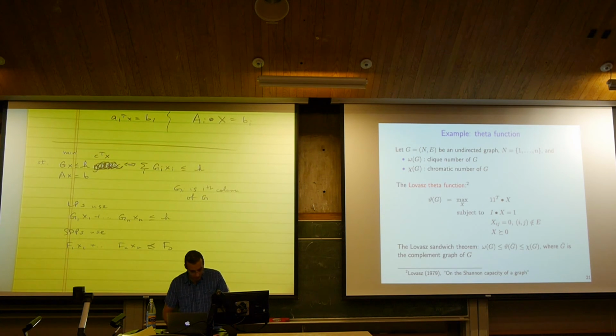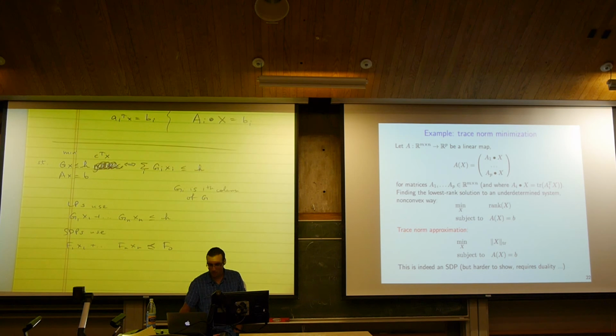Okay, examples of SDPs. There are tons because they're so general. We don't have much time, so I'm not going to discuss very many interesting examples, but we will come back to them when we talk about interior point methods. This is an example that has implications both in information theory and also in theoretical computer science. It's a very beautiful example.